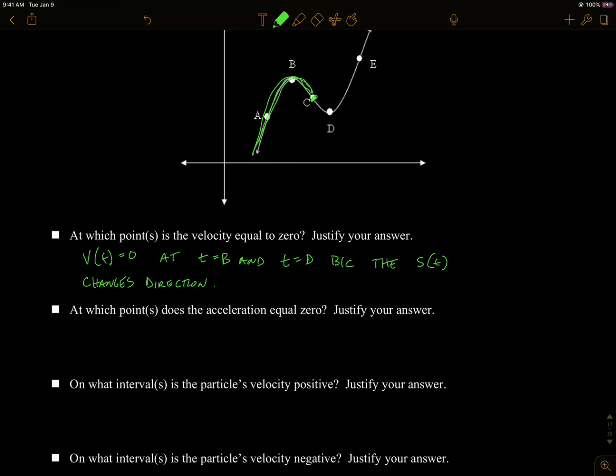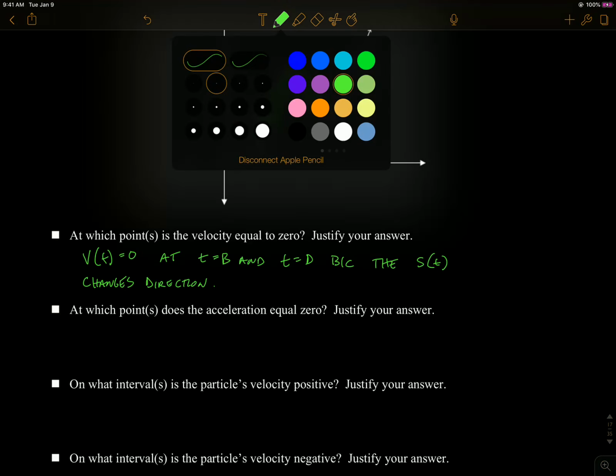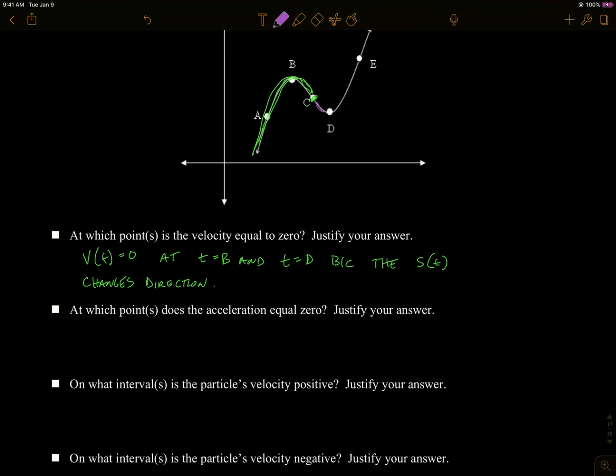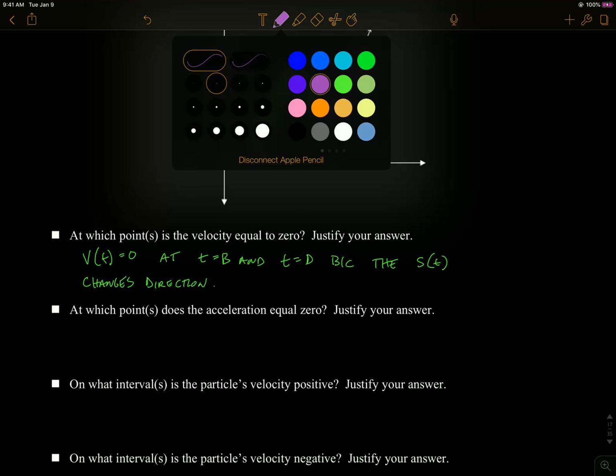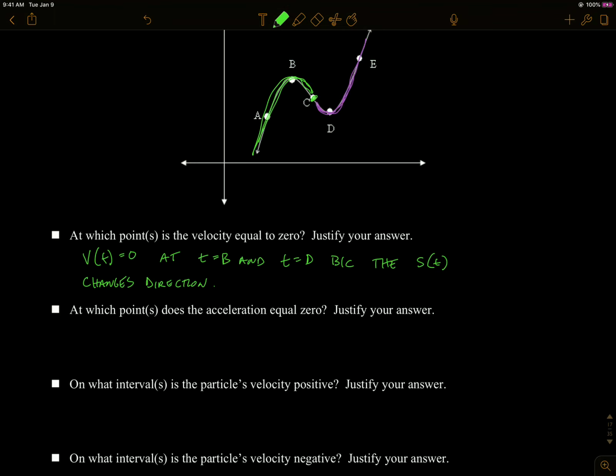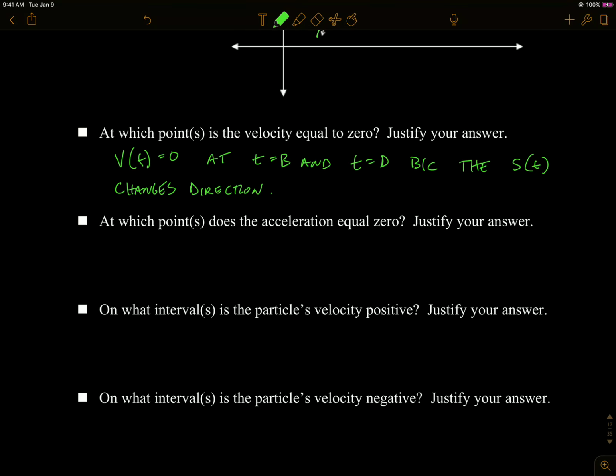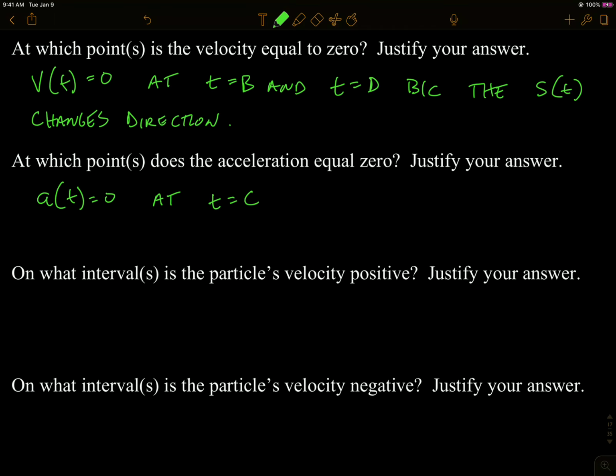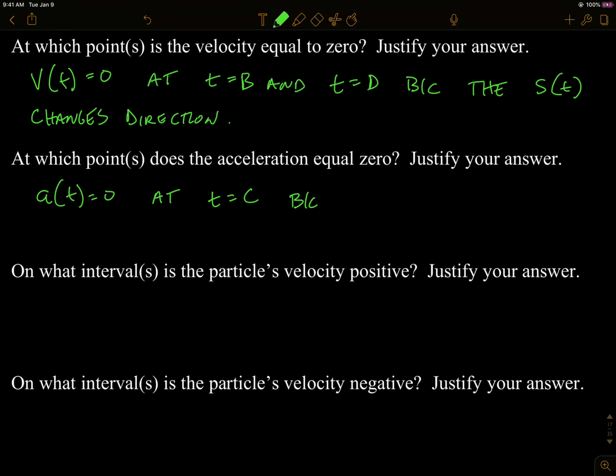Because we have negative acceleration on that green interval, and then we have a positive sign for acceleration on the purple interval. C is where it switches. So the acceleration equals 0 at time c. That's a lowercase t. Because the position function has a point of inflection.